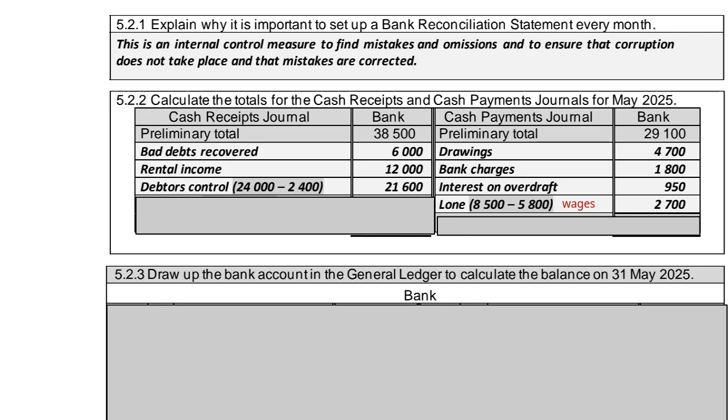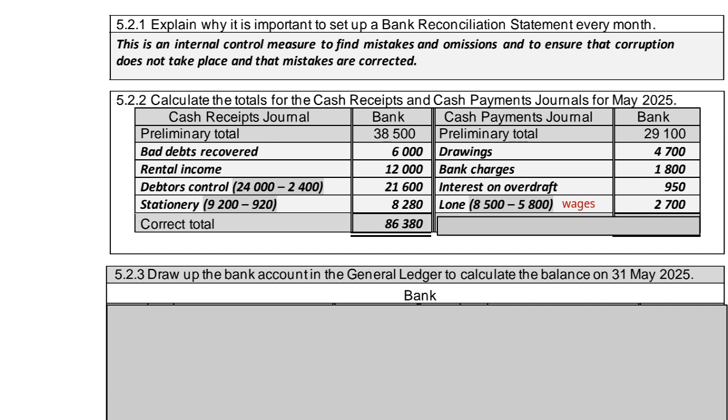So that must go and be added back because we paid too much. So we go to the cash receipts journal, we write stationery, and we write R8,280. So our correct totals will then be for our cash receipts journal, R86,380, and for our cash payments journal, R39,250.